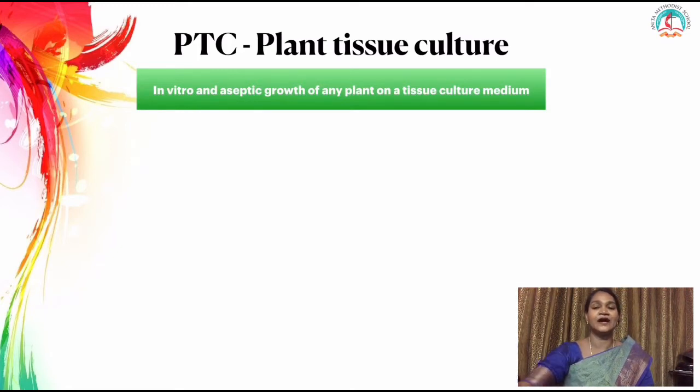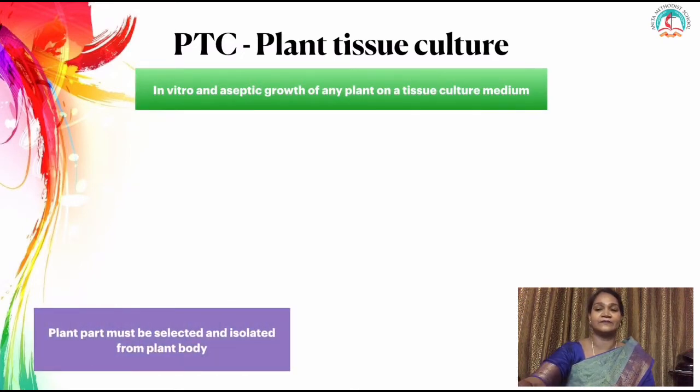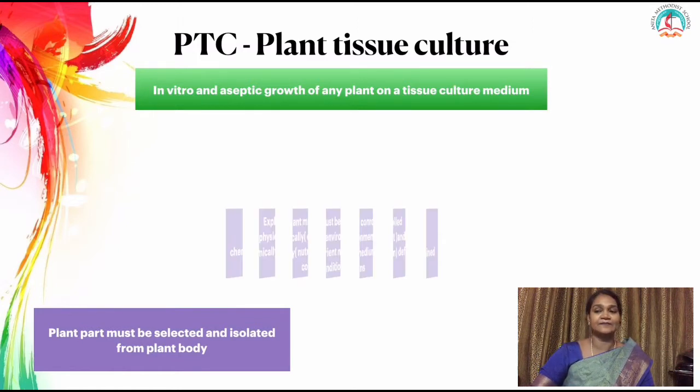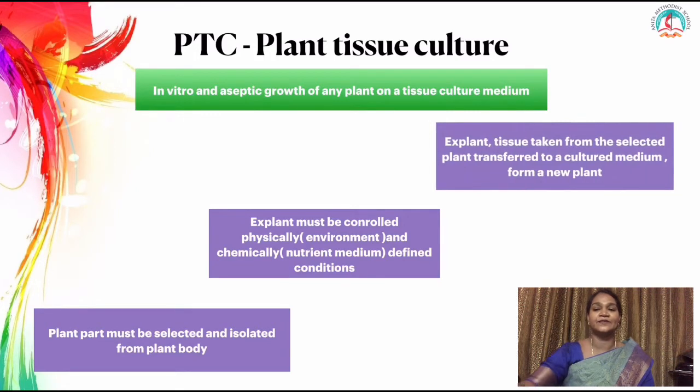Here the plant part must be selected and isolated from a plant body. Step 2. The explant must be controlled physically and chemically, under defined conditions. The third step is the explant, the product. The tissue is taken from the explant, nothing but the tissue taken from the selected plant, which is transferred to a culture medium to form a new plant.